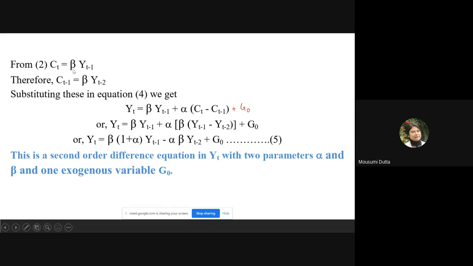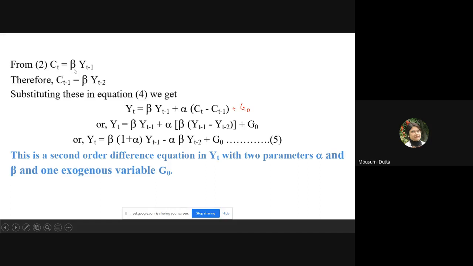Ct equal to beta Yt minus 1, you are understanding? This is the basic framework, this model we have considered. Beta is the MPC. If you consider dCt by dYt minus 1, this value is beta. This is also the multiplier in our concept.